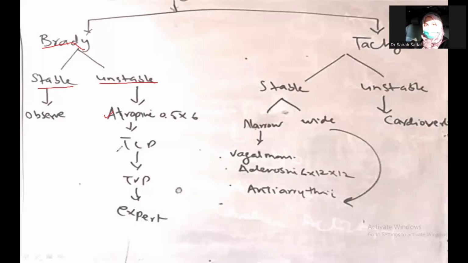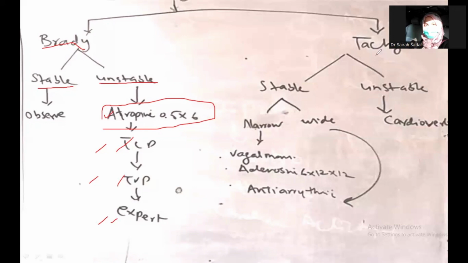If not working, you can go for transcutaneous pacing, and if it is not working, you can go for transvenous pacing. You can also take the expert opinion, that is, refer the patient to a cardiologist. But let's say being an anesthetist working in OT, at least you can do up to here. And meanwhile, call the cardiologist.